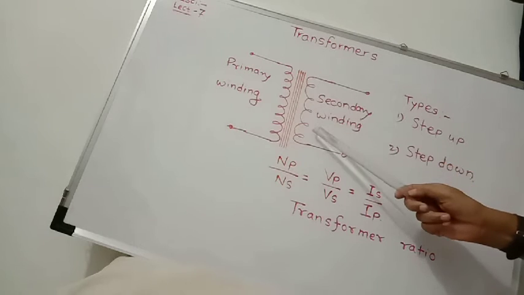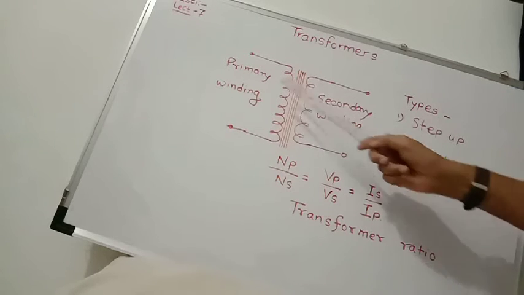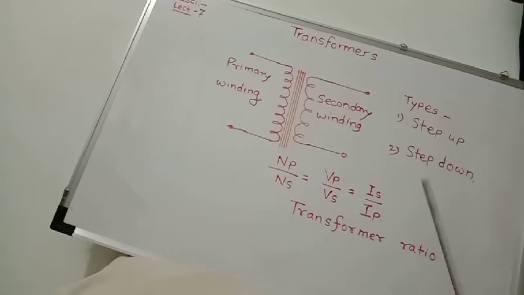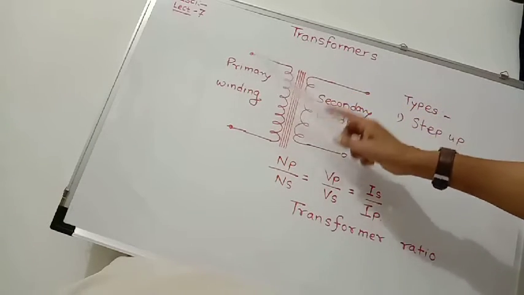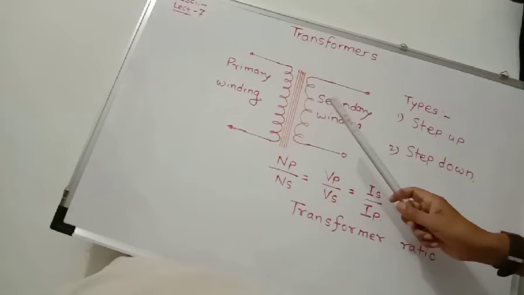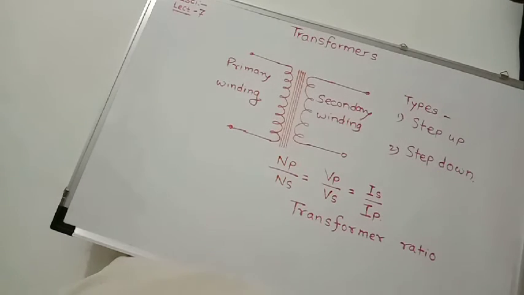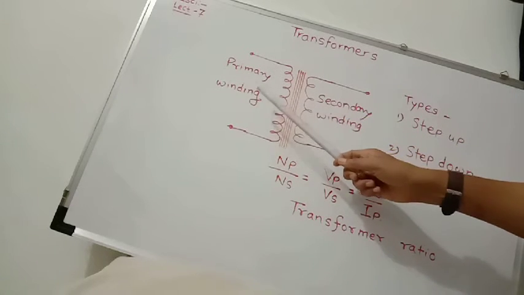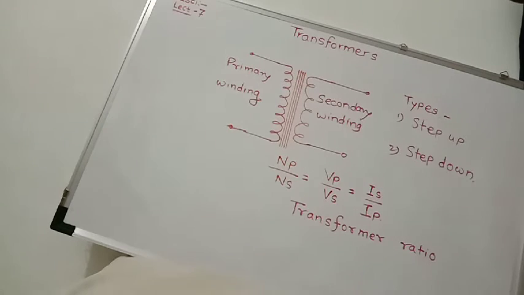If the voltage is greater, then the current will be less, because the input power is equal to the output power, that is Vp into Ip is equal to Vs into Is, because power is equal to V into I. So power in primary is equal to power in secondary, and Vp upon Vs is equal to Np upon Ns.